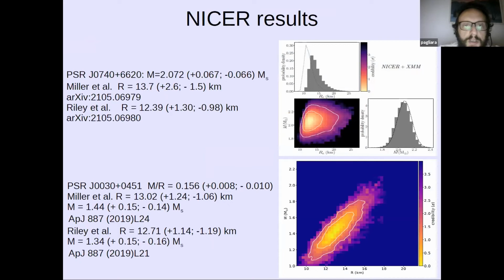Let me also mention the NICER results. Also in this case, when looking at the numbers, although the error bars are large, for 2 solar masses the central value is close to 14 kilometers, whereas for 1.44 the radius central value is close to 13 kilometers, and that is pointing again towards a stiff equation of state.